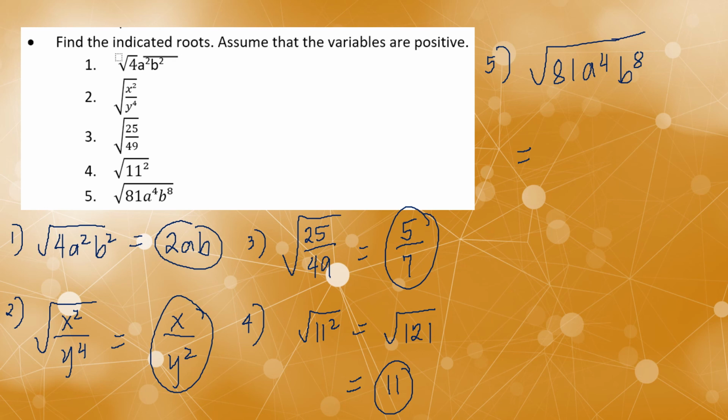So the square root of 81 is 9. Square root of a raised to the fourth power is a squared. Square root of b raised to the 8th power is b raised to the fourth power. So this is 9a squared, b raised to the fourth power.